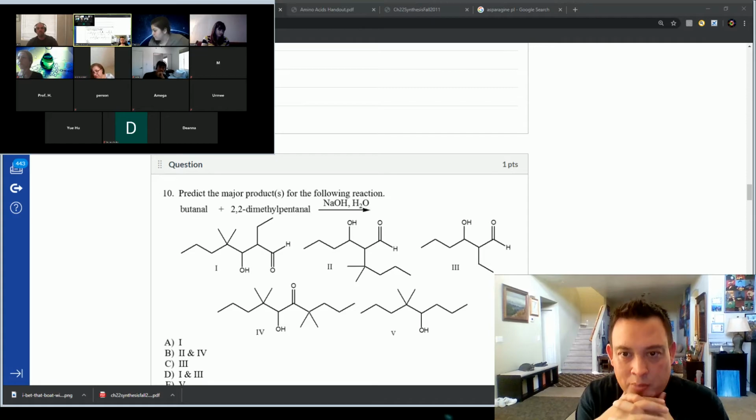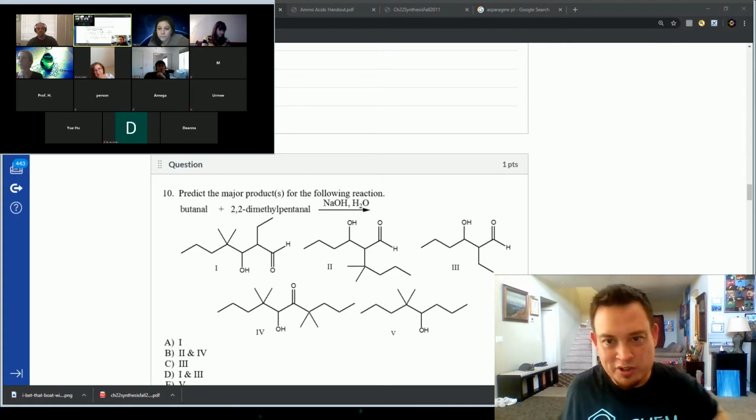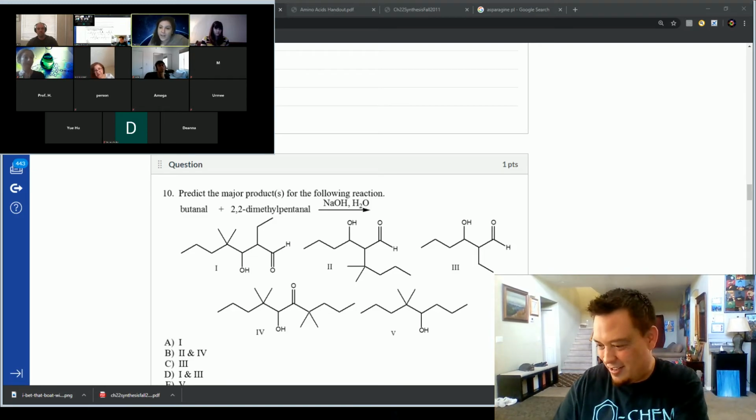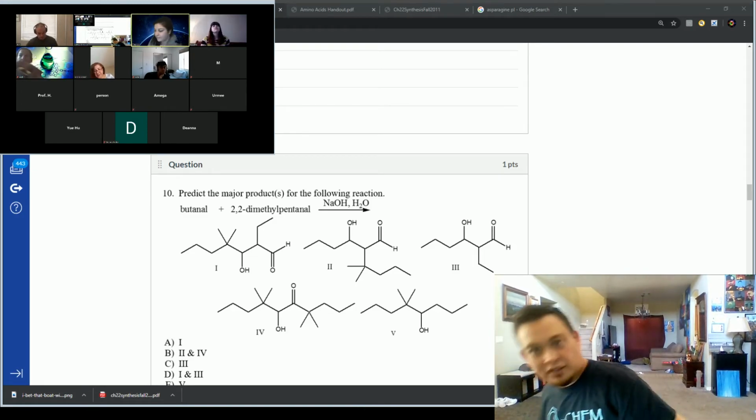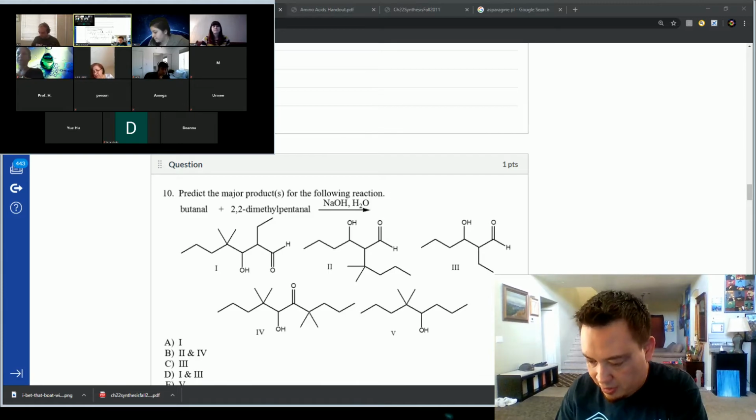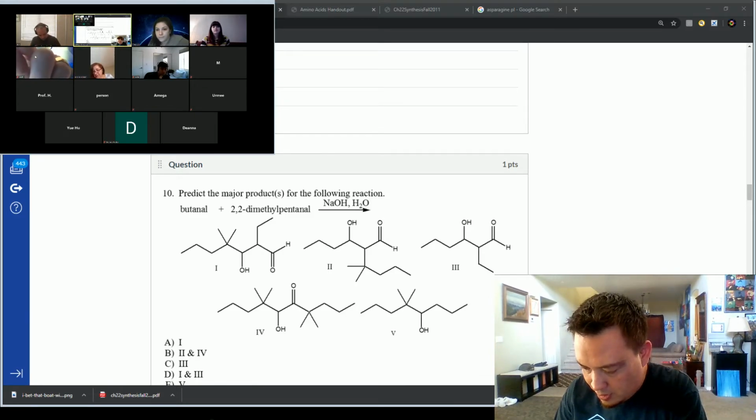So this one, predict the major product for the following reaction. I think this is probably a good one to draw. Let me go ahead and draw this one out. So we have butanol, 1, 2, 3, 4, and then pentanol, 1, 2, 3, 4, 5.